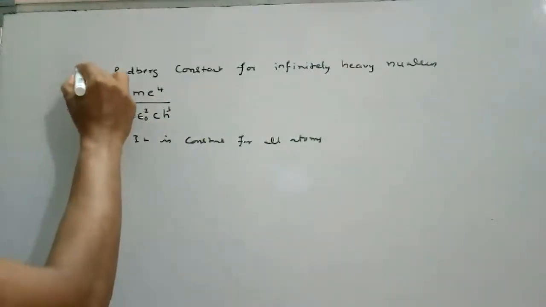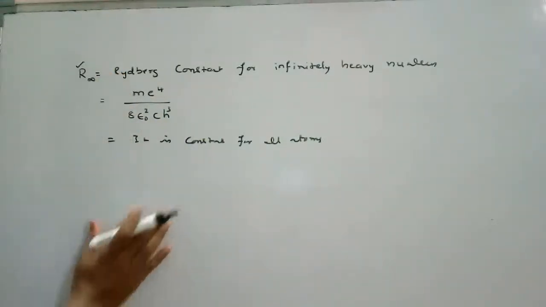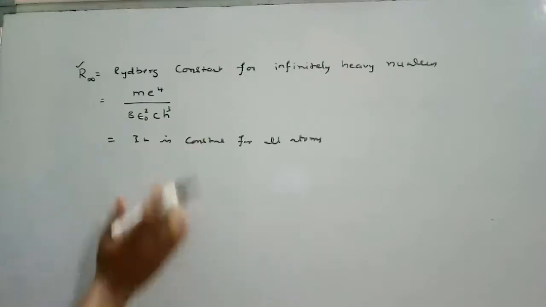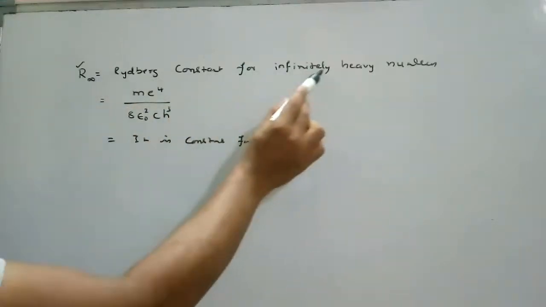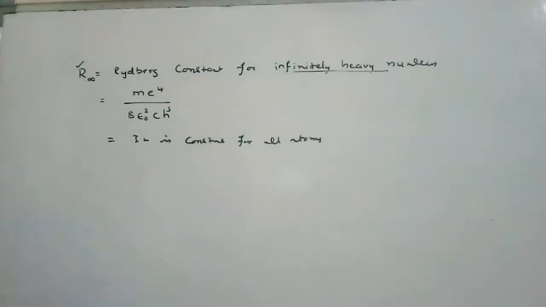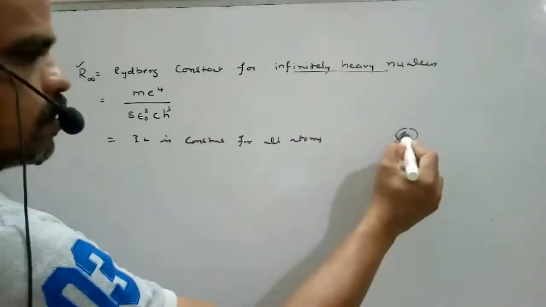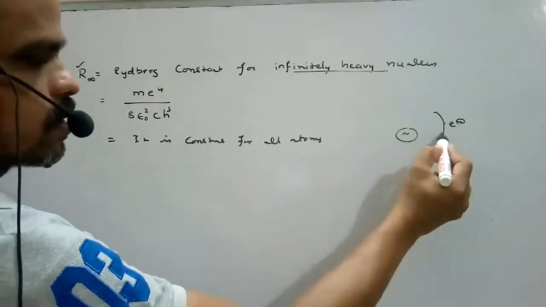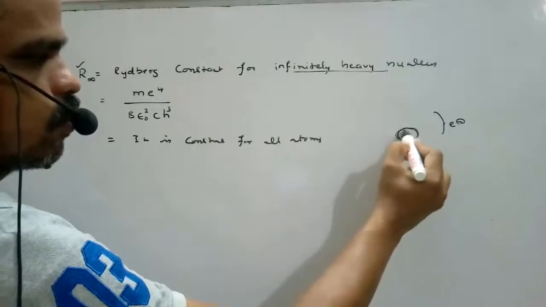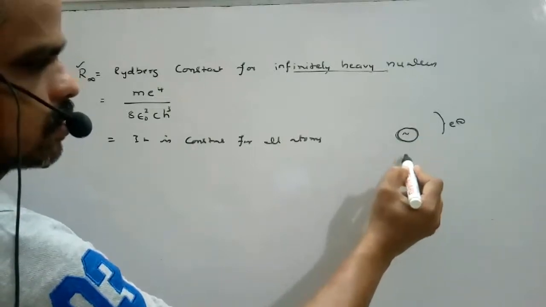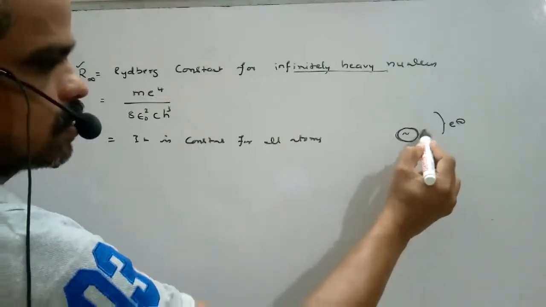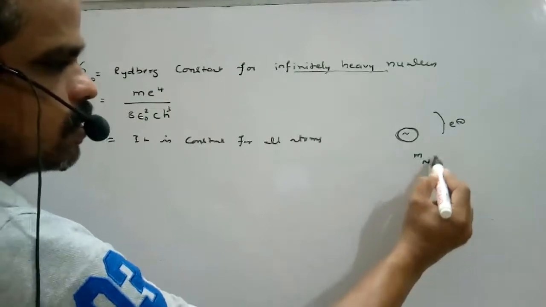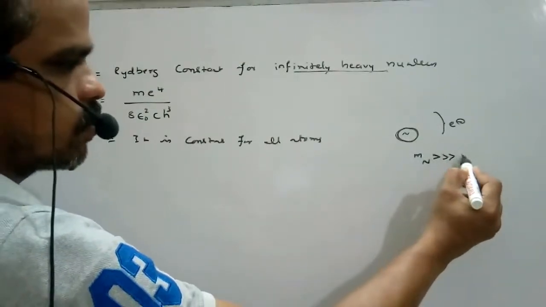I think last class I discussed a little bit about this one, so I want to discuss it clearly here. Infinitely heavy nucleus means this is the nucleus, this is the electron, and the mass of the nucleus is many times greater than the mass of the electron.